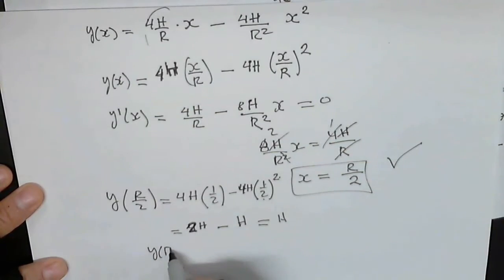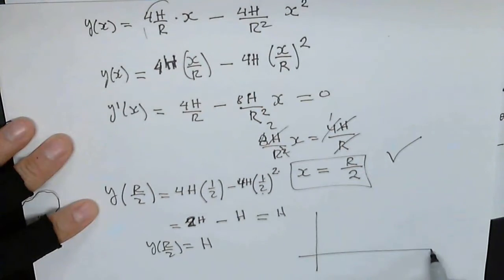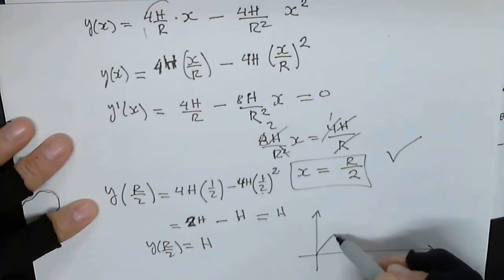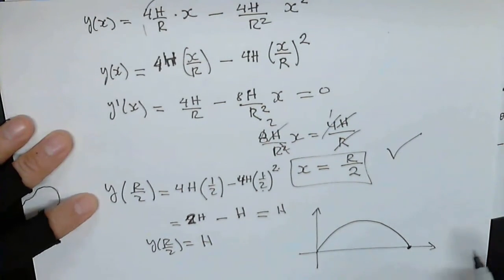So y at r over 2 is h. So this is the equation.